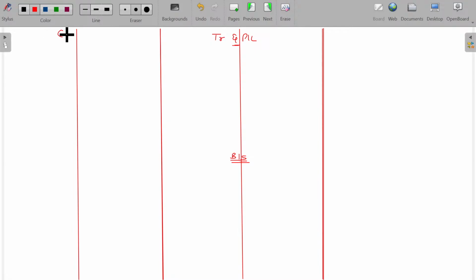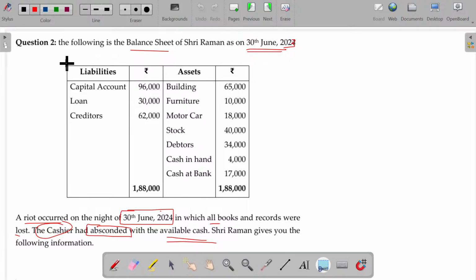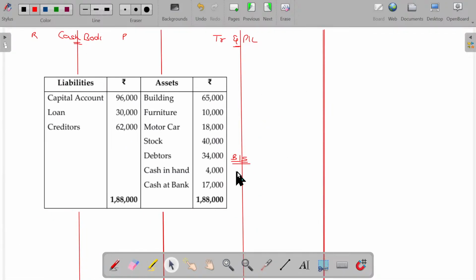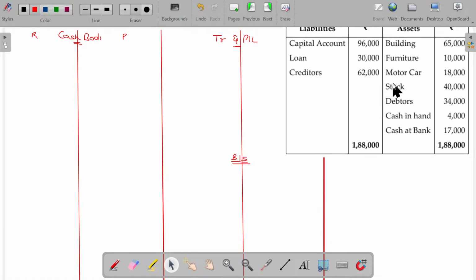So here cash book, receipts and payment. So let me finish up posting the balance sheet items. As this one is given as a statement, you have to post only once. All the balance sheet items will be posted in the concerned closing balance sheet.